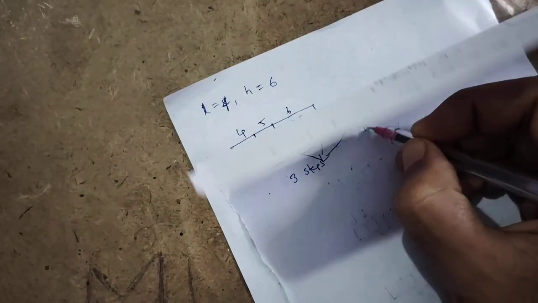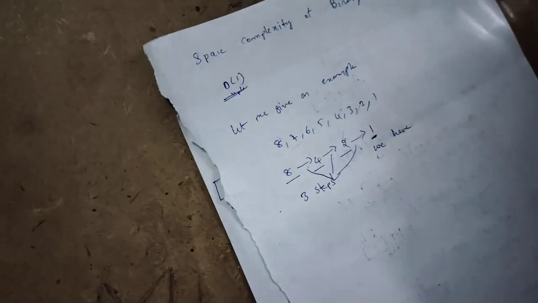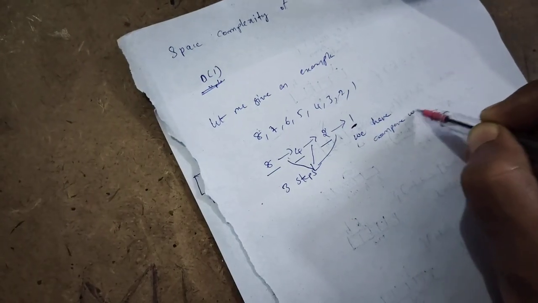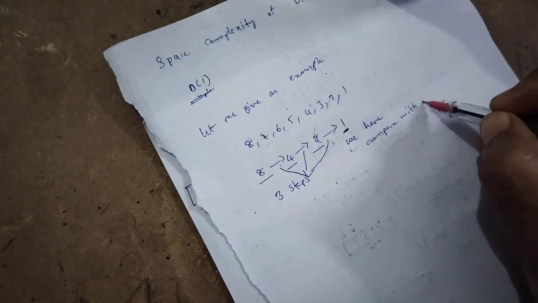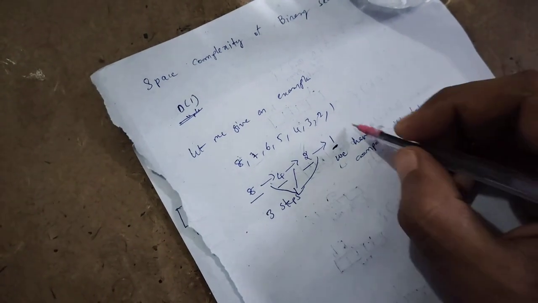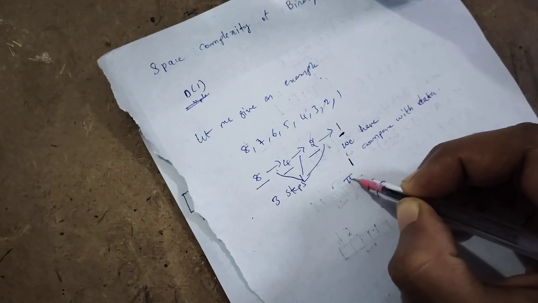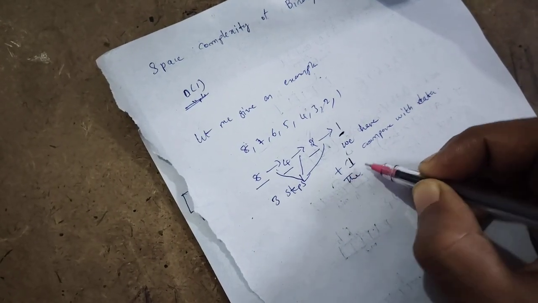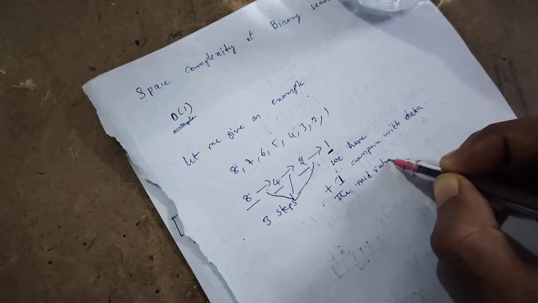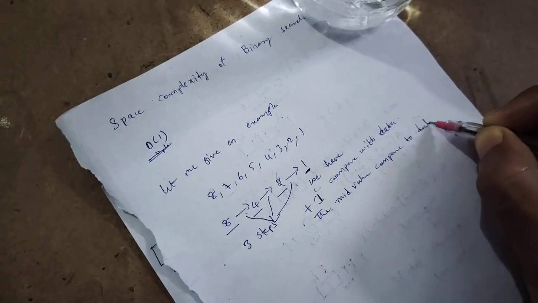When this happens, we have to compare with data. So this is 1. The mid value is compared to data.